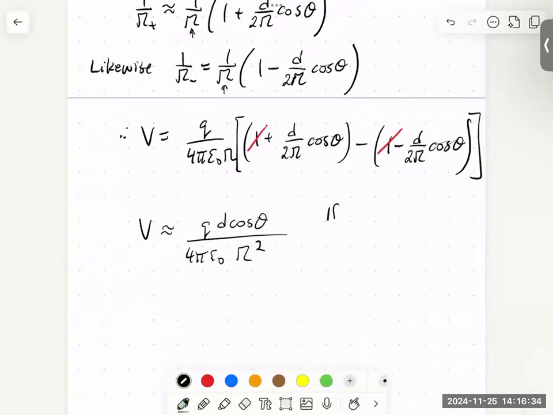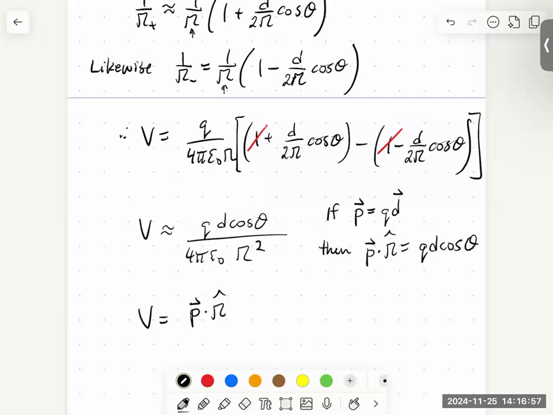So if we define P is equal to Q times D, then P dot R hat is QD cos theta, which is exactly what we have in the numerator of our potential. And we would say V is equal to P dot R hat over 4 pi epsilon naught r squared, and P is called the dipole moment.